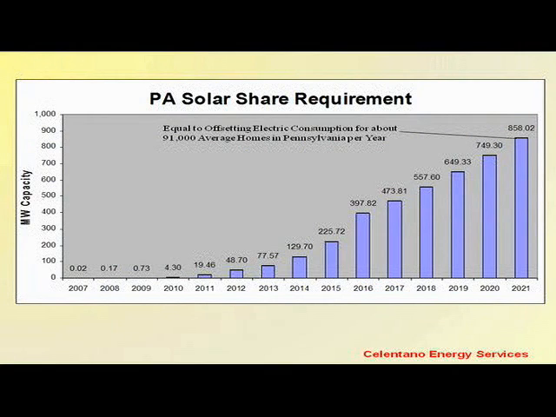Now, in order to reach this target by 2021, you have this increasing requirement to go up gradually. And as a matter of fact, Pennsylvania has been exceeding these targets in recent years.